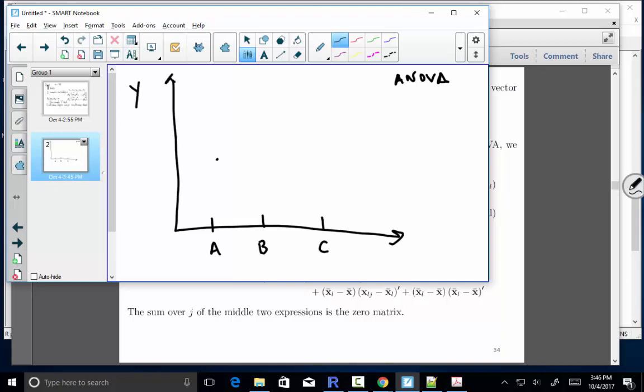And ANOVA is all about how do these means, the red middles of the bars, how do those differ, group-specific means, how do they differ relative to or scaled by how fat the boxes are themselves or how tall they are. An assumption of the model is that all the groups, A, B, and C, all have the same variance. So it's not that A is really variable and B is not so much and C is in between. The model assumes that they're all equally variant.